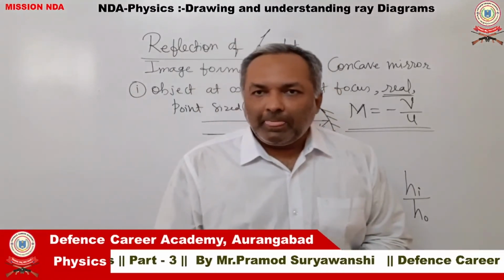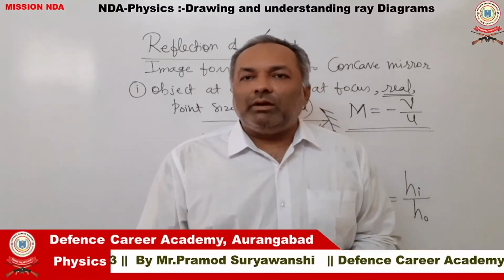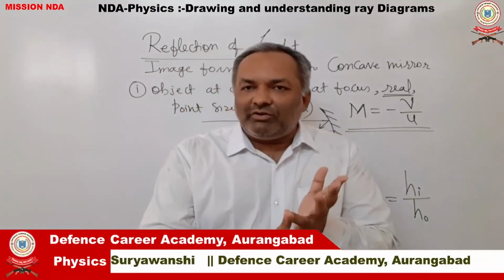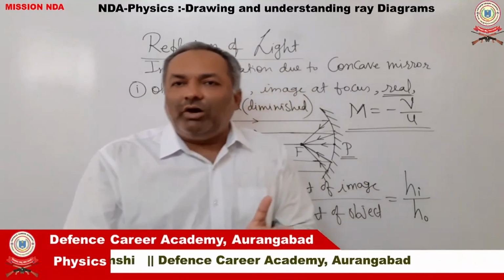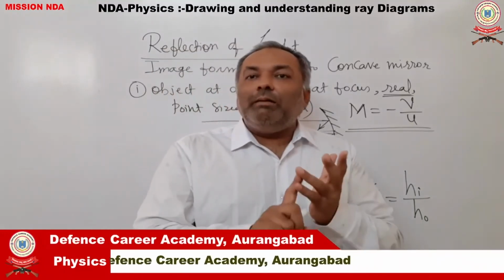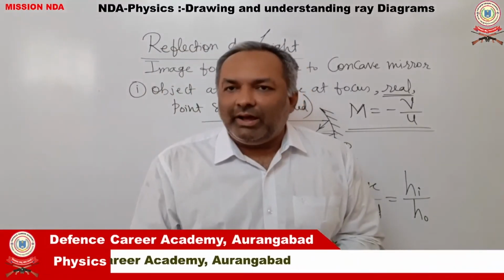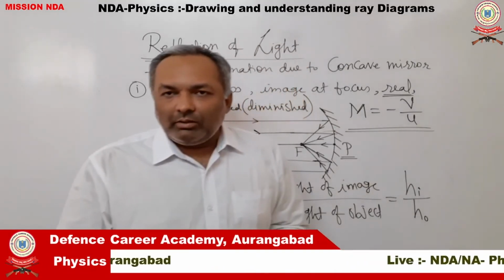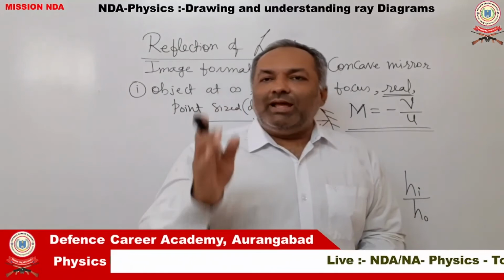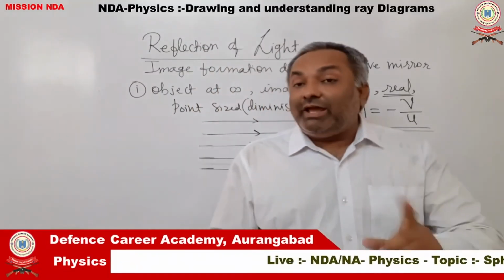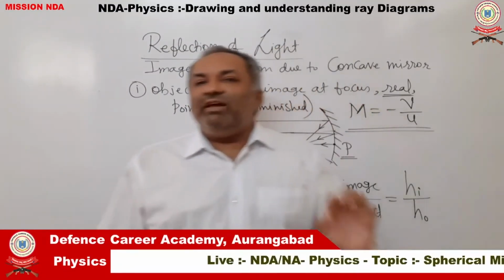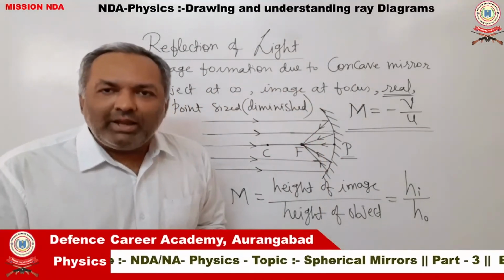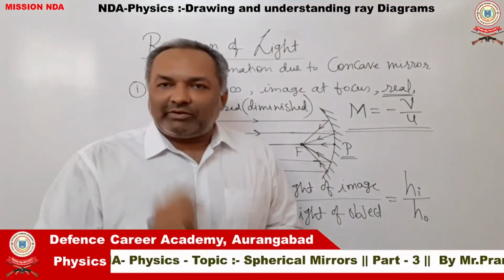So this is the third parameter about the quality of an image. The first was whether it is real or virtual. The second was whether it is diminished or magnified. The third is whether it will be inverted or erect. No matter whether you are using lenses or mirrors, if the image is real, it will always be inverted, and if the image is virtual, it will always be erect.